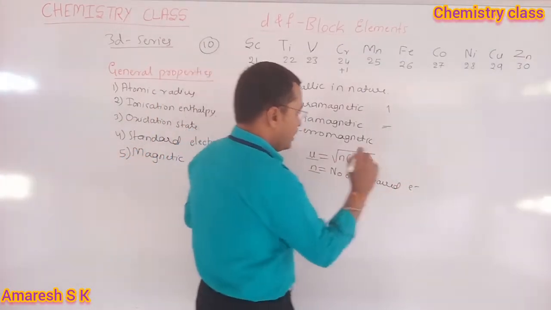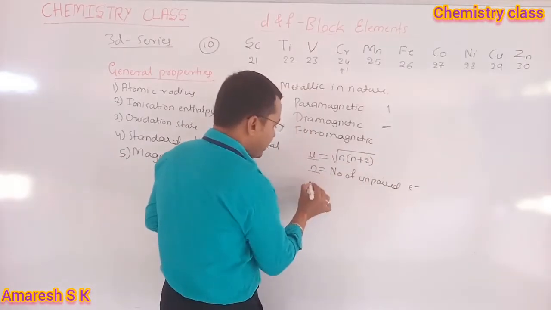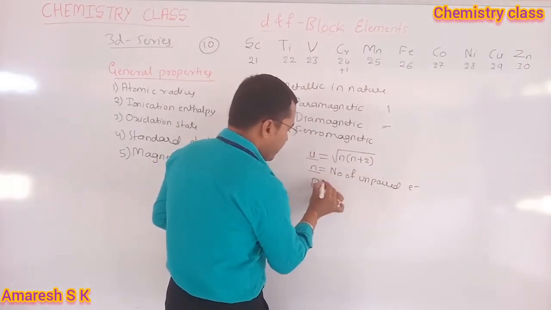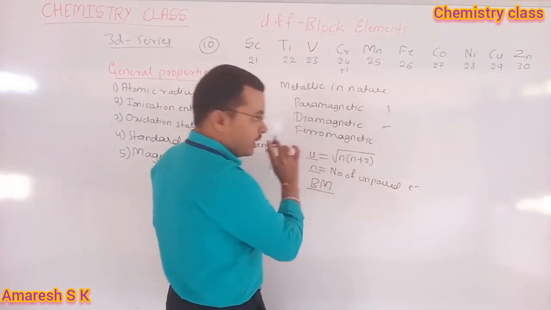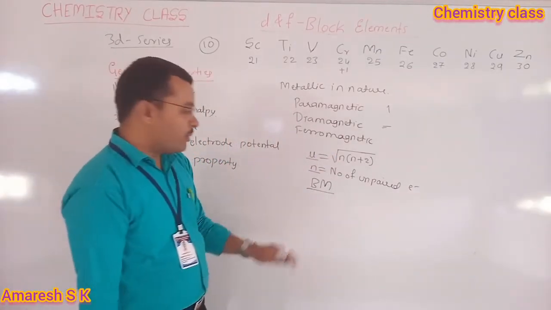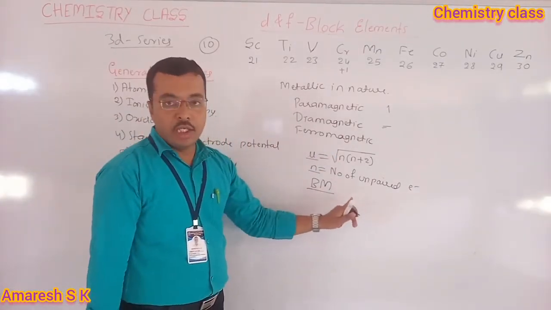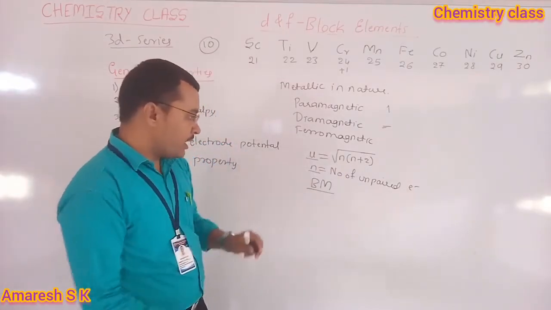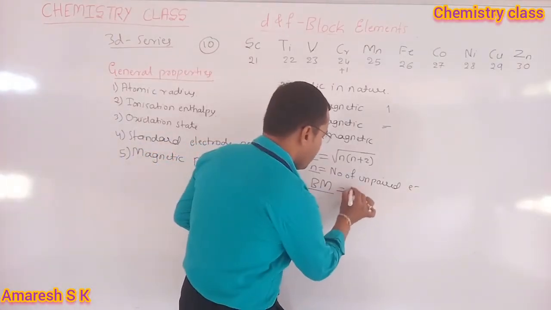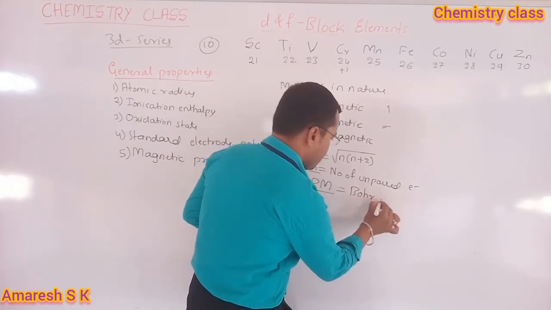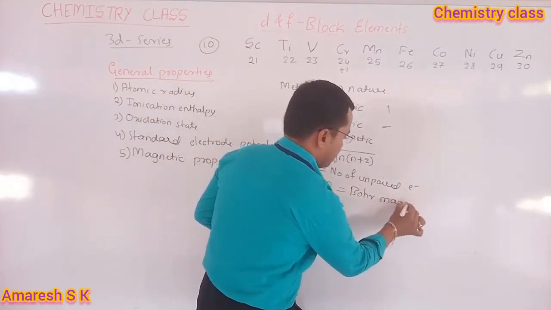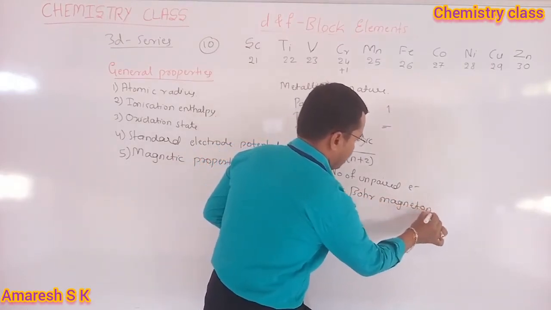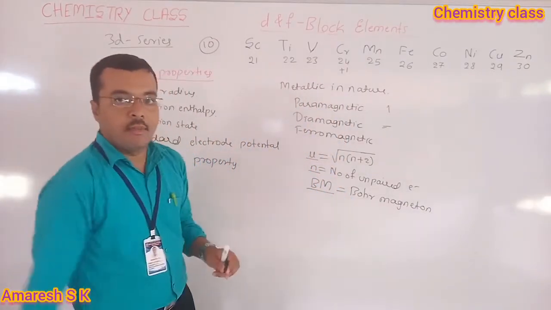And next, this magnetic moment can be calculated in the form of Bohr magneton. This is the unit of magnetic moment. This is called the Bohr magneton.